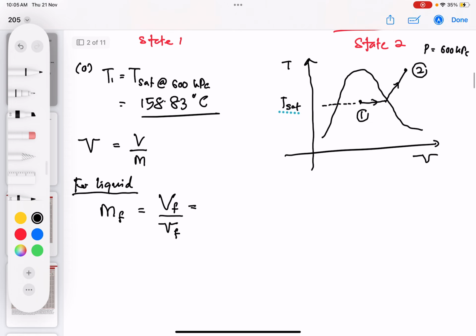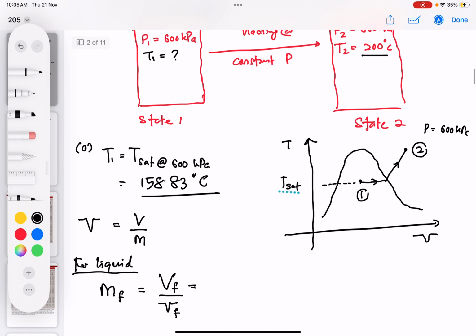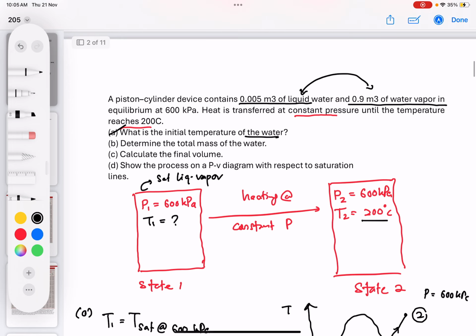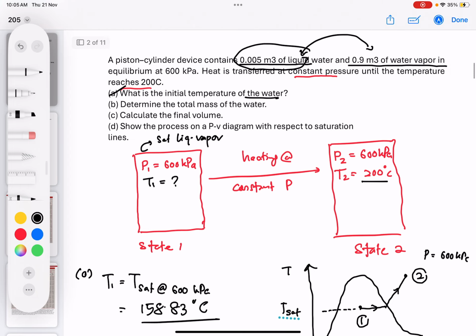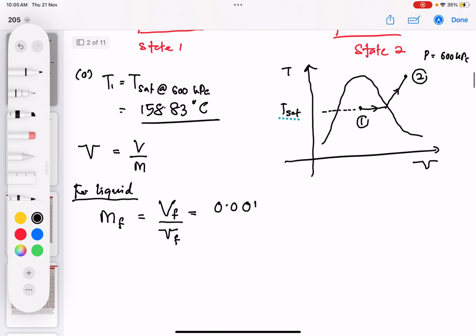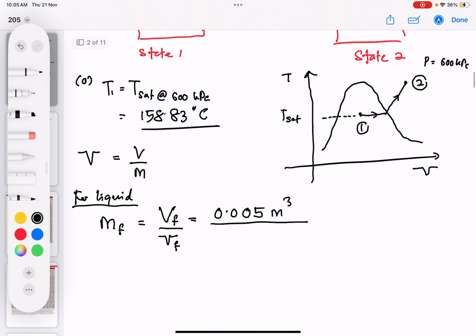What is the volume of the liquid? The volume of the liquid is 0.05 meter cubed. And then what is the specific volume for the liquid?